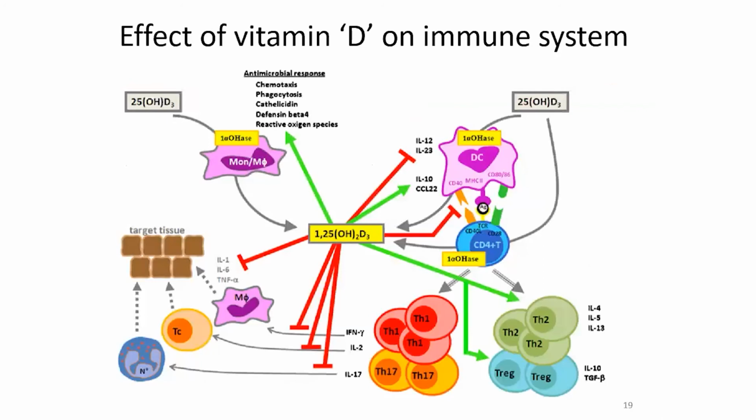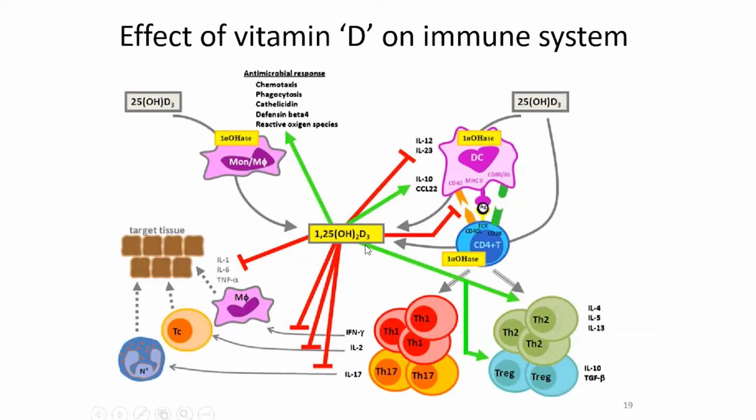Coming to the effect of vitamin D on the immune system, it will enhance chemotaxis and phagocytosis. By doing so, it enhances the antimicrobial response. At the same time, it even activates macrophage differentiation.